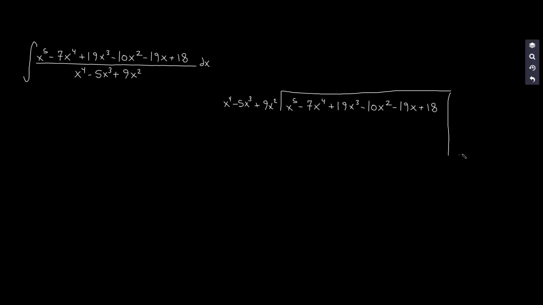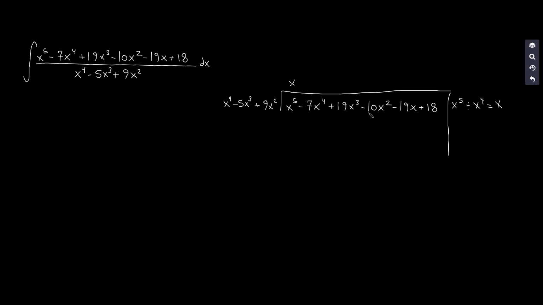I think the first thing that I need to do is I need to divide the first terms. So I'm going to grab x raised to the fifth, and I'm going to divide that by x raised to the fourth. That's just going to be x. And I'm going to take that x, and I'm going to put it up here.